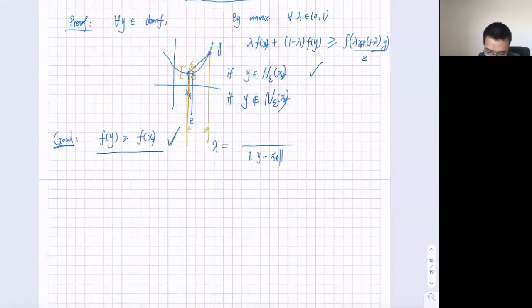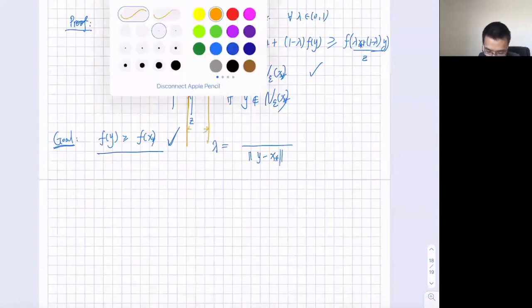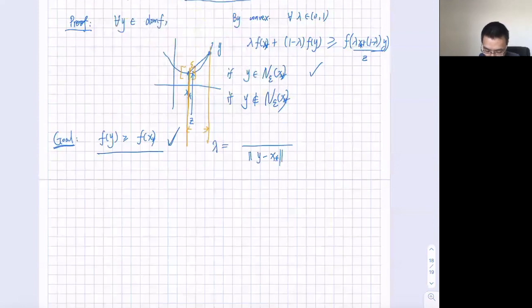And I would pick the z within the epsilon neighbor. I would say this is y minus x star, so this is still this distance, but I would shrink it by epsilon divided by 2.